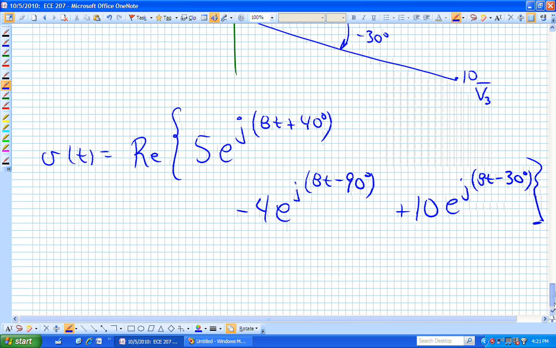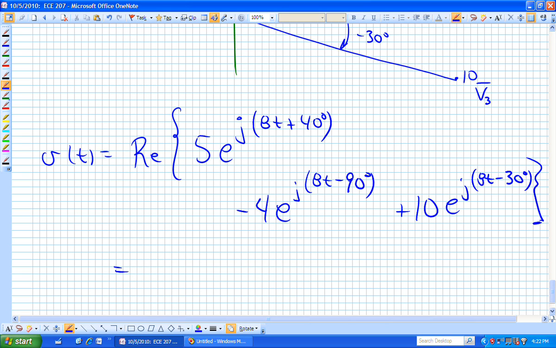Questions on that? Now just use your knowledge of algebra and exponents, meaning that e to the j8t, that's telling me how fast it's spinning. That's common to all three terms. Let me just get rid of it. Or I'm sorry, let me factor it out. I'm not going to get rid of it, but let me factor it out, and then I can play with what's left.